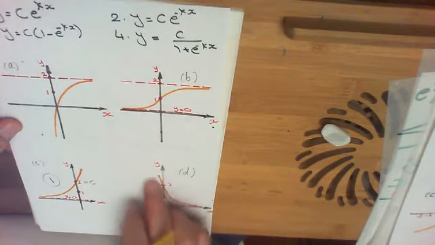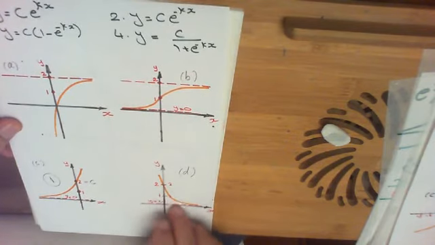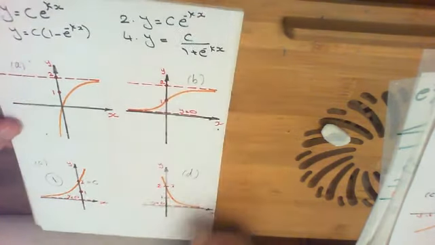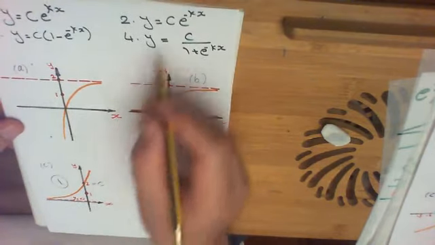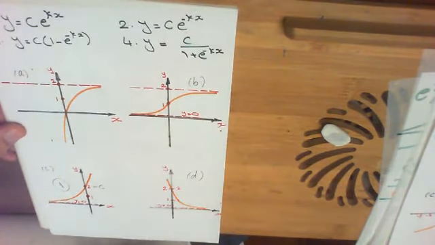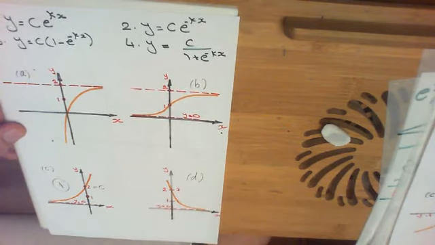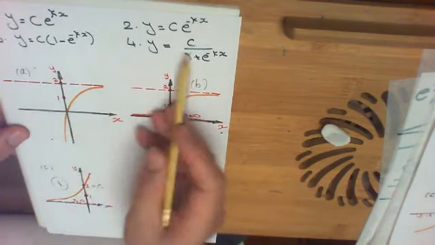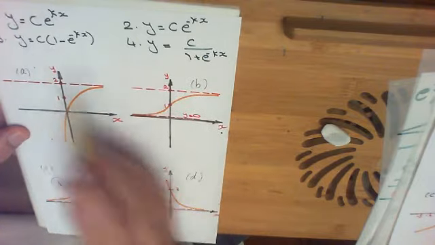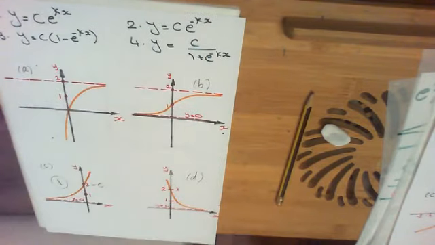Now this has the shape of e to minus x, this one. Also at x equals 0, c will be 2. Here this is the value of c. Now what about this? Which one matches with this?